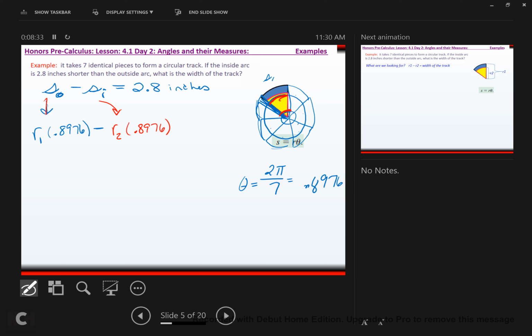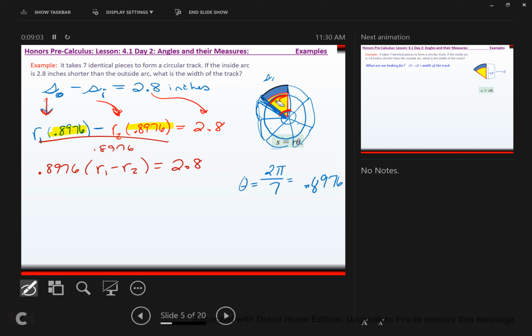So I replaced these with equivalent values, and that has to equal 2.8. You see how both of these terms have 0.8976 touching them? Then I can factor it out as a GCF. If I factor out 0.8976 from both, I have R1 minus R2 left, equals 2.8.